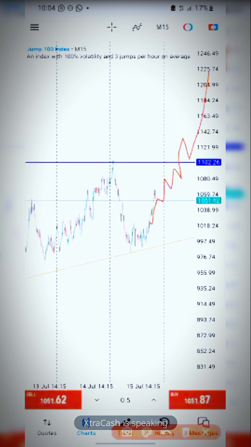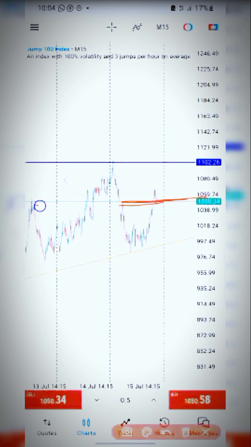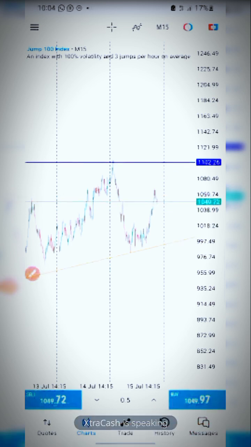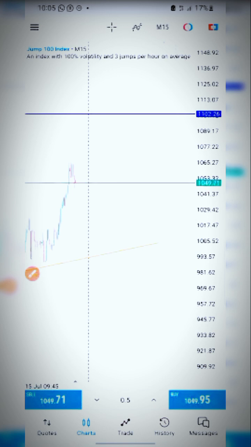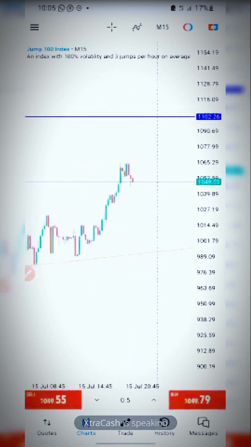If I put a buy here, this market, okay, let me look at the immediate, this is the immediate support resistance that was broken. This is the immediate. So you are most likely going to see a bullish candle.